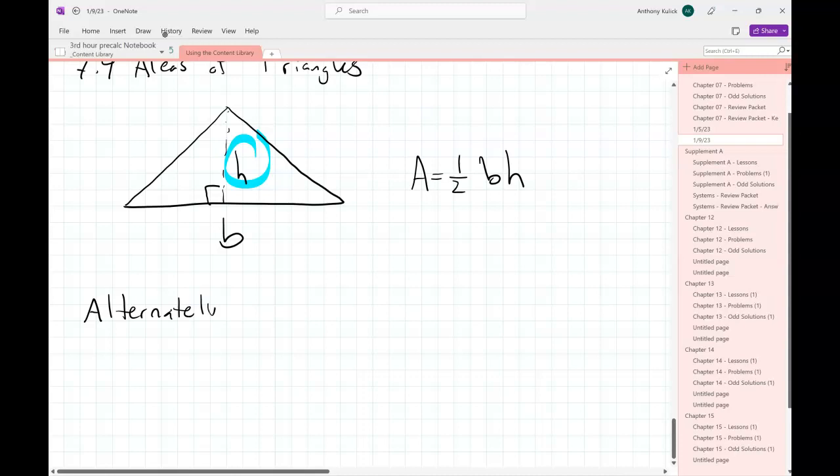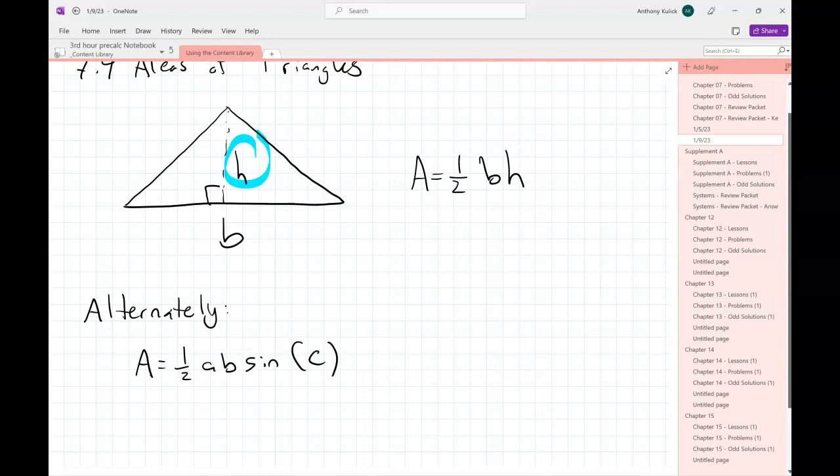Well, there are two other area formulas for a triangle that don't rely on the height. So one of them is, well, these are all equivalent.